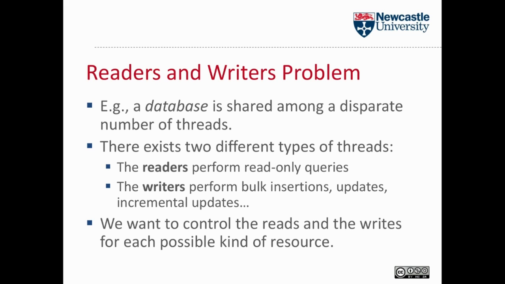Then there exist two different types of threads in this scenario. Some readers that are performing read-only queries and writers that are providing bulk insertions, updates, incremental updates. Basically, those are database operations, but the only thing that matters is that you have two processes, one doing read operations and the other one doing write operations.